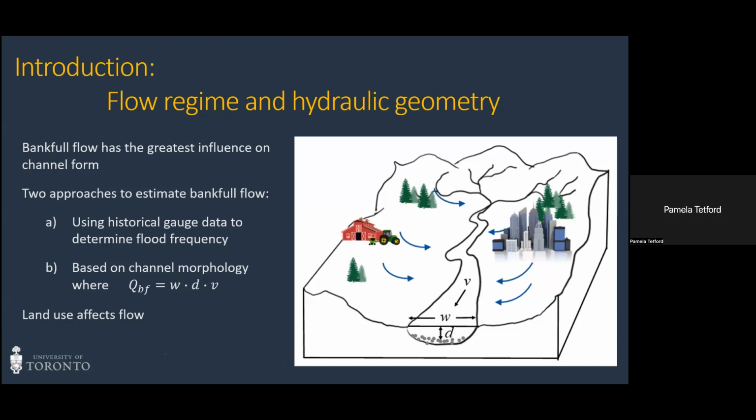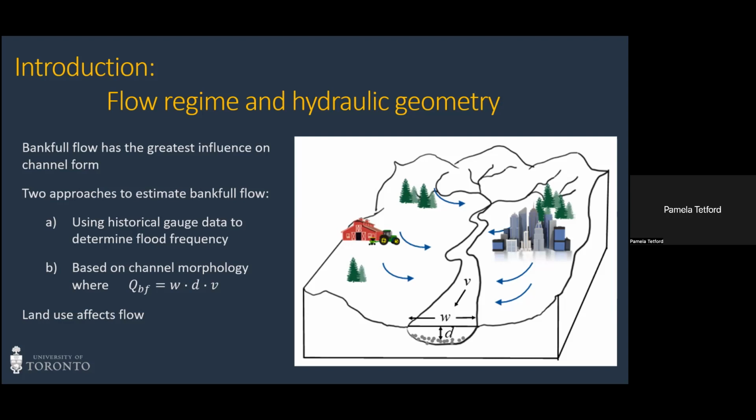Research suggests that bankfull flow, which is the highest level of water that the channel itself can carry before overflowing onto its banks, will generate the most effective shear stress on a channel's boundary in terms of the frequency and magnitude of these events, and that this will most influence the channel's form itself. And we have two approaches to identifying this channel-forming flow.